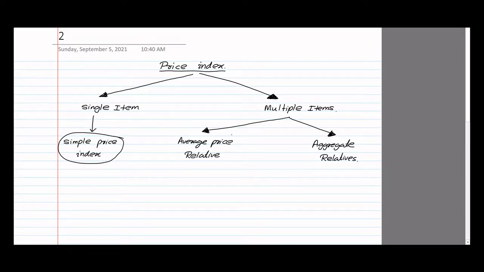Average price relative is the next one. For aggregate relatives, there are some more. Under that, we have unweighted and weighted.